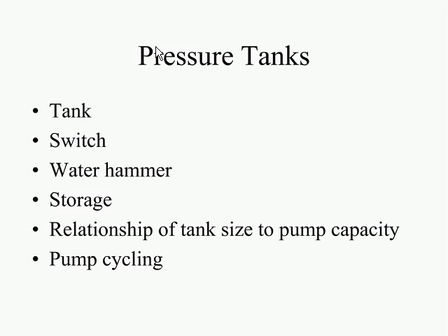You don't want your pump to cycle on and off, turning on for a minute because the cow's drinking and then turning off. You want it to not cycle your pump on and off as often. So by having a pressure tank with a little bit of storage and a pressure on and off switch, it keeps your pump from cycling on and off more often, which is better for your pump.